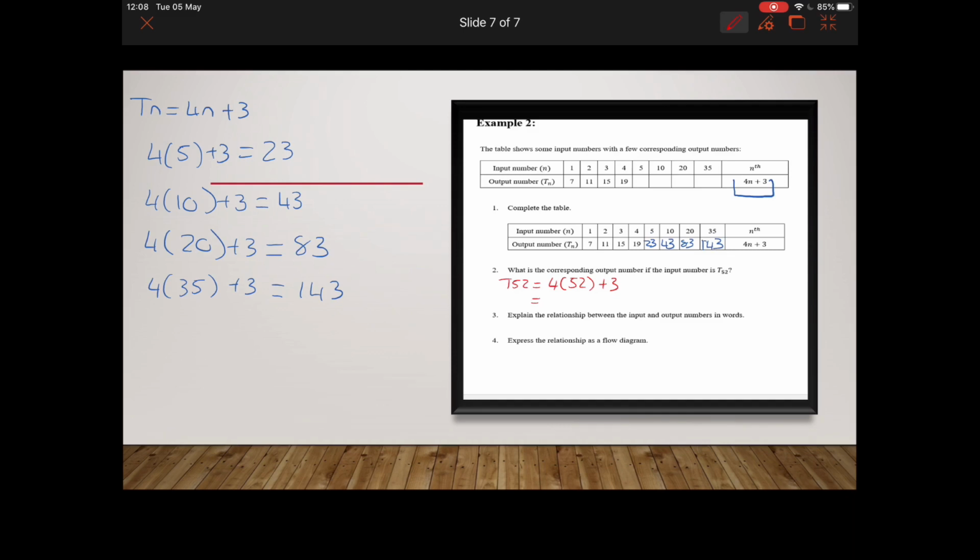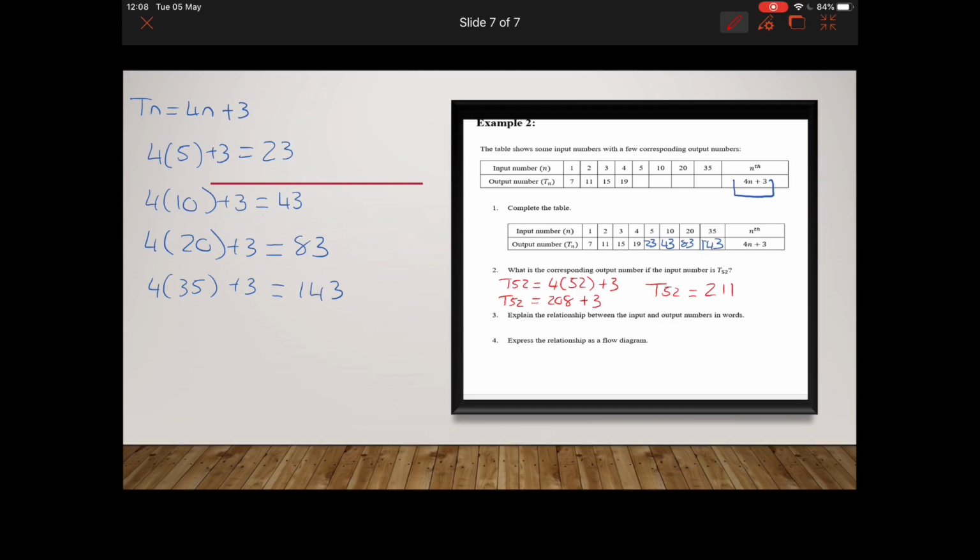Okay, so 4 times 52 is 208 plus 3. So now if you add those two together, you get T52 equals 211. So at the position of 52, you have an actual term number of 211.